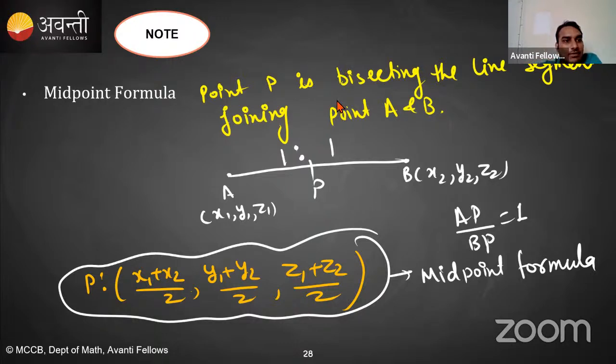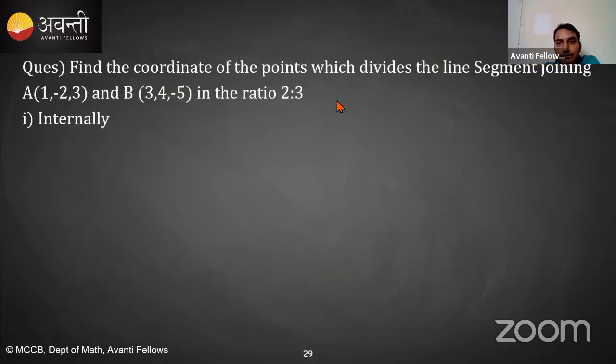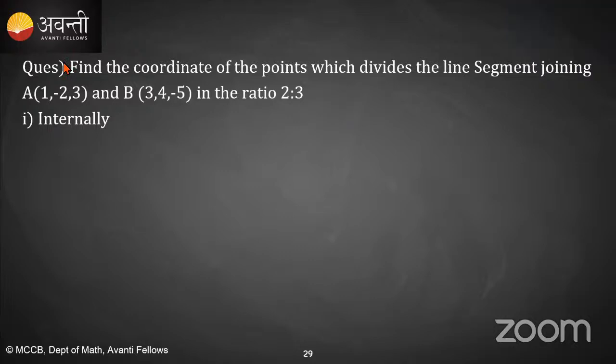I am giving you 1 minute, students. Attempt this question and let me know the answer. Find the coordinate of the point which divides the line segment joining A and B in the ratio 2:3. First part is internal. Everyone, you have 1 minute. Quickly let me know the answer. This is the coordinate of the point which is dividing AB in the ratio 2:3 internally.